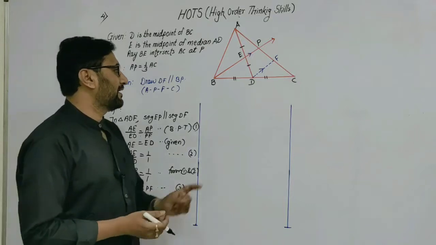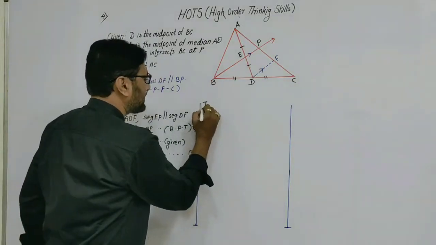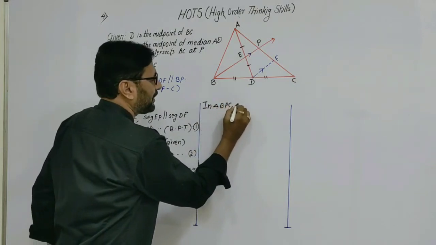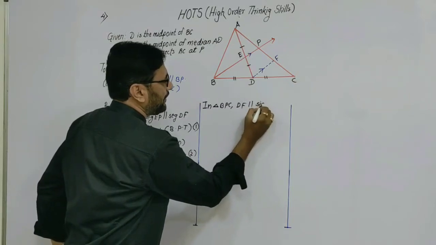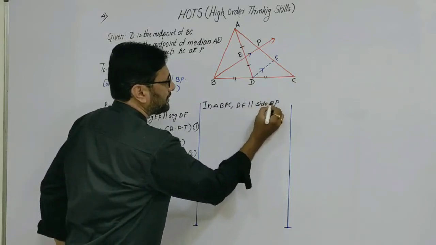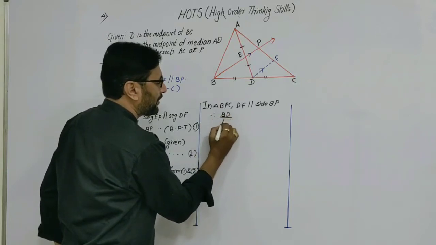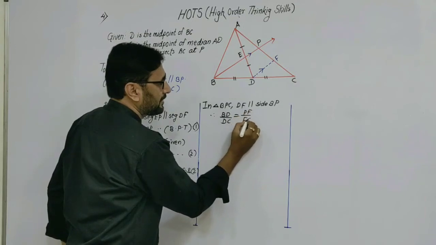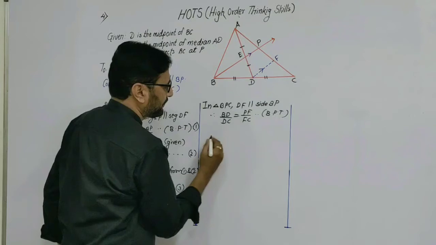Consider the next triangle, triangle BPC. In triangle BPC, we know DF is parallel to side BP. Use the basic proportionality theorem. BD upon DC equal to PF upon FC. Reason, basic proportionality theorem.